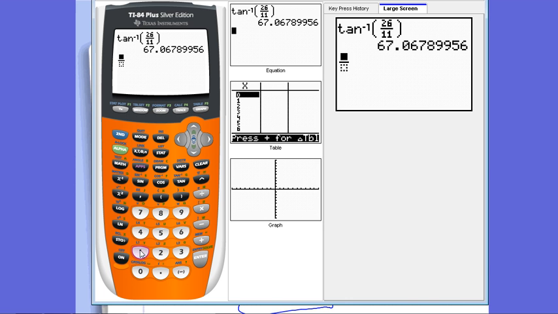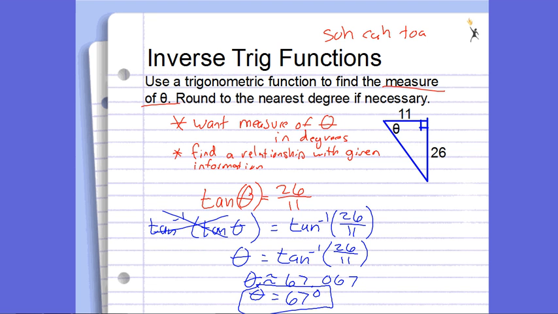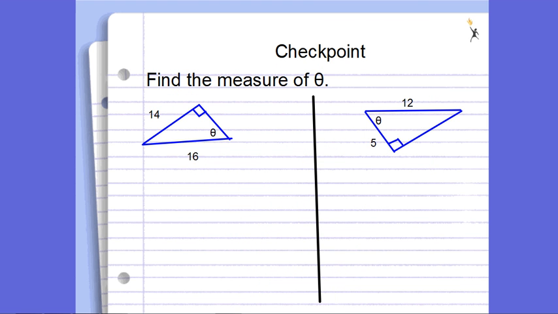I do 1 over sine of blah, blah, blah. Does that make sense? So if I asked you for cosecant of 23 degrees, I would do 1 over sine of 23 degrees. Because that's what a reciprocal is. Reciprocal is you take it, put it over 1, and you flip it. Right? So it would just be 1 over. But I would say, don't worry about that. Stick to SOHCAHTOA. Stick to those.